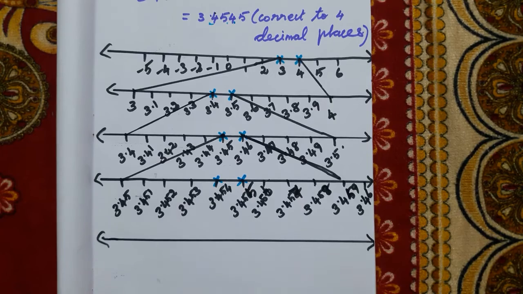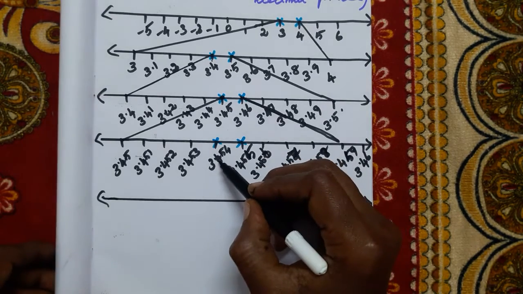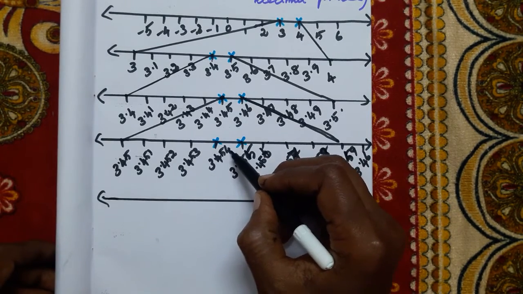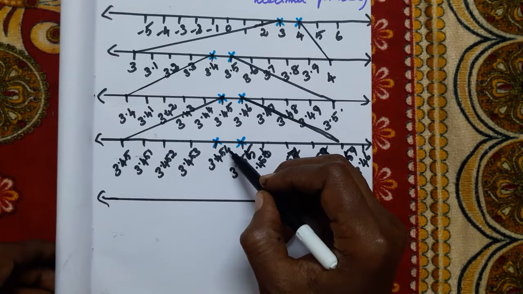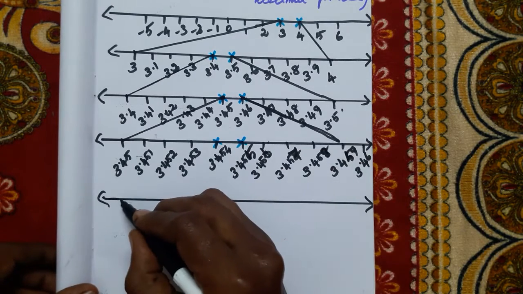What did we mark here? 3.454. So we have to start from 3.454.